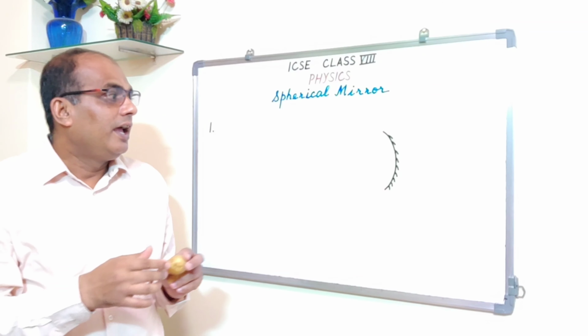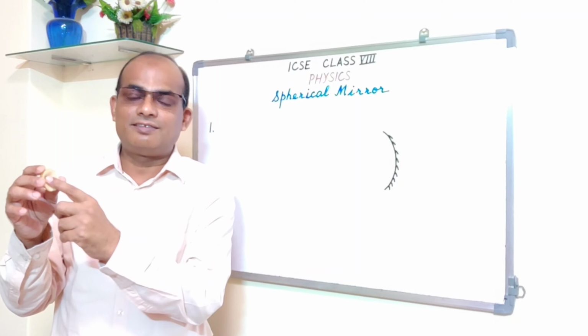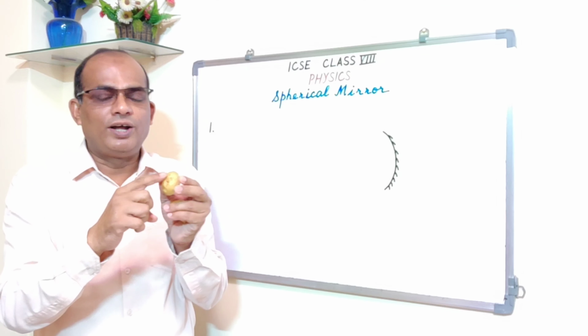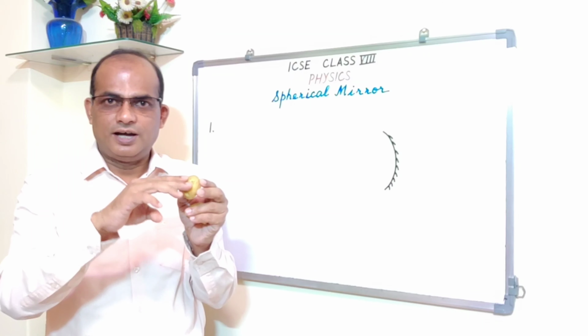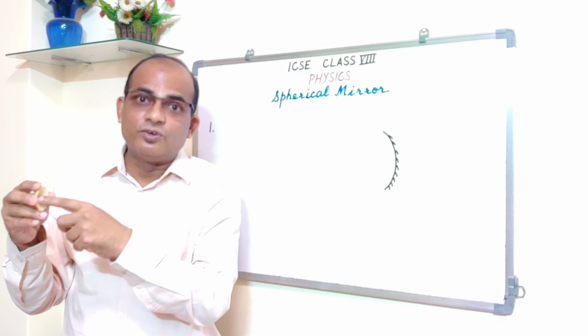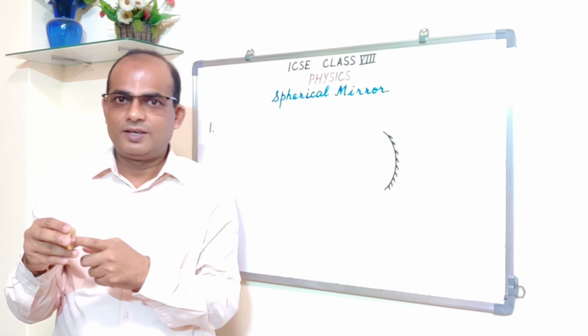Now see, one surface is curved outwards, bulging, and one is curved inwards, that is bent inside.